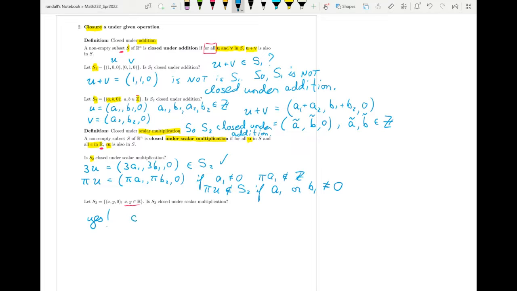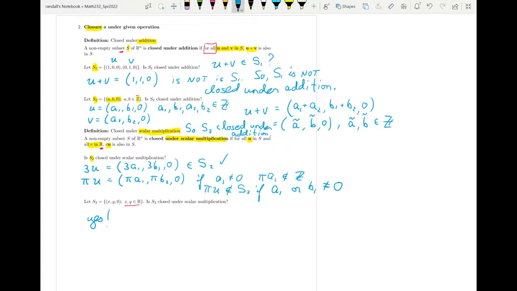So let's take c, now any real number, times this vector u. Sorry, I should write that down as x here. Let me take another vector. I shouldn't use the same symbols here.